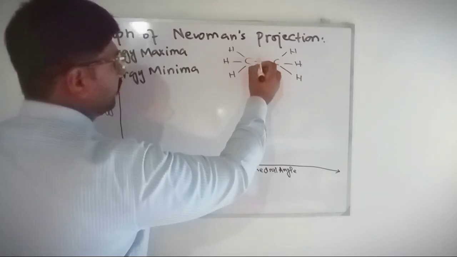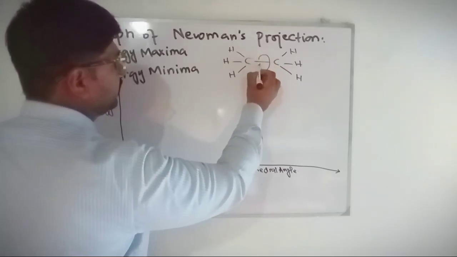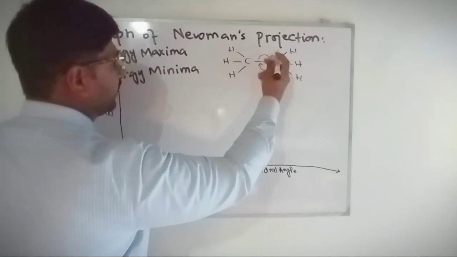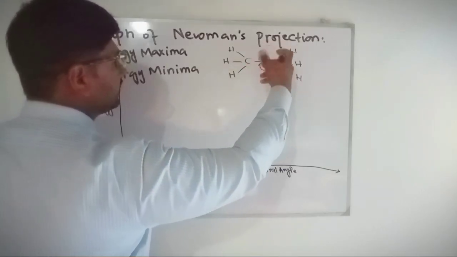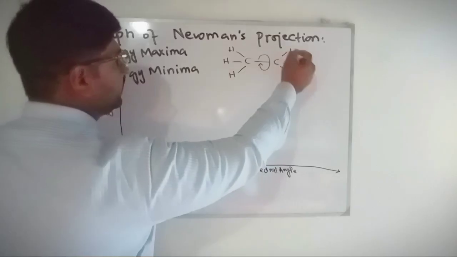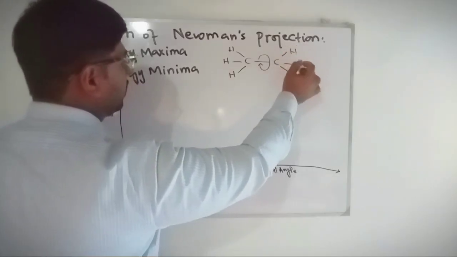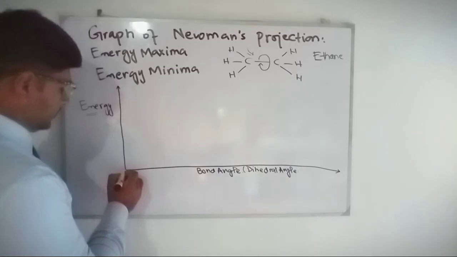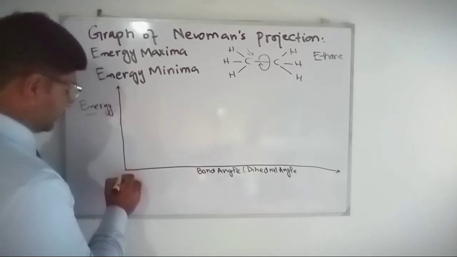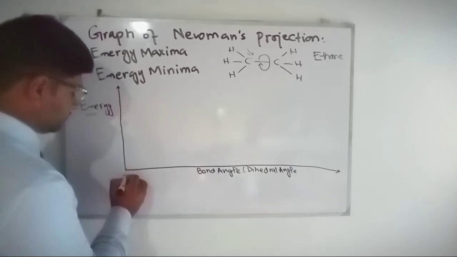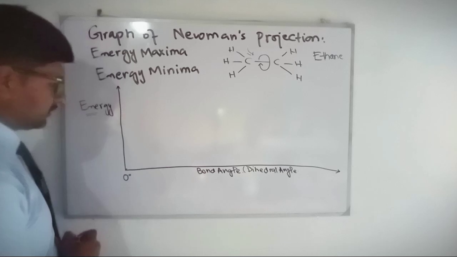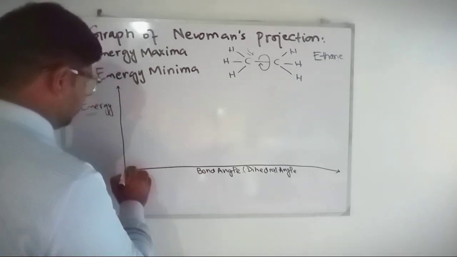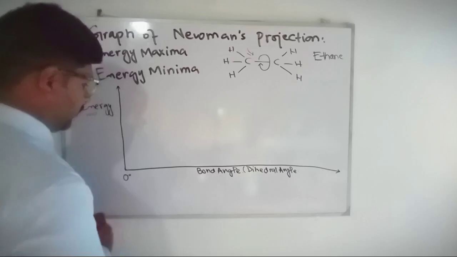This single bond can actually be rotated, which means that these carbon atoms can rotate around this single bond, and these hydrogen atoms can also show the rotation. So this point in the graph actually shows us 0 degrees, and at 0 degrees there will be no rotation.